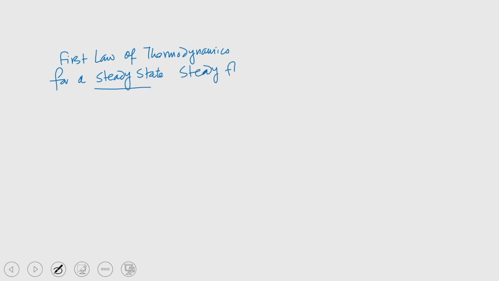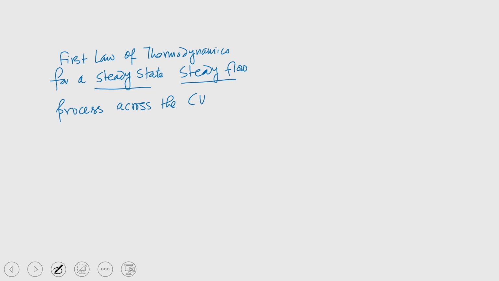So, I am writing first law of thermodynamics for a steady state steady flow process across the control volume.